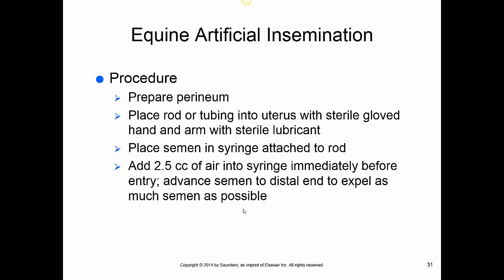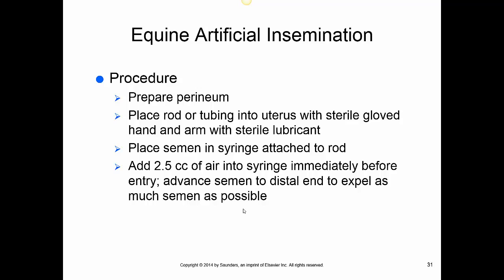So artificial insemination, we kind of discussed that, but it's pretty much prepare the perineum. They talk about using a sterile glove that you can put your arm in with placing an insemination pipette. You can also use a speculum to do the same thing, and with a speculum you just visualize your way and place the pipette into the cervix.